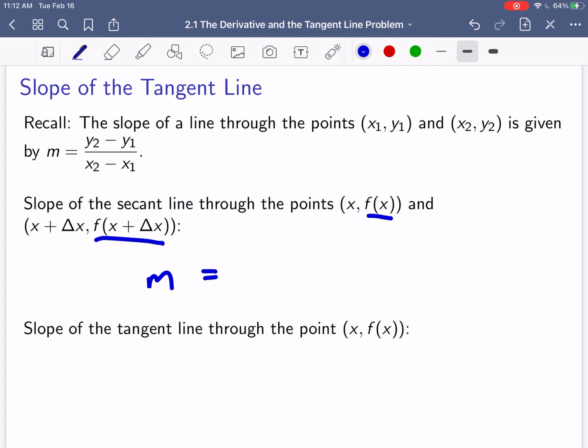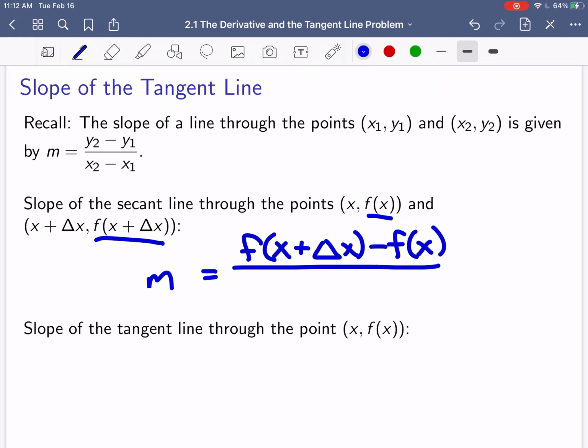And so our slope is f of x plus delta x minus f of x all over x plus delta x minus x. It's a difference between our two x values.